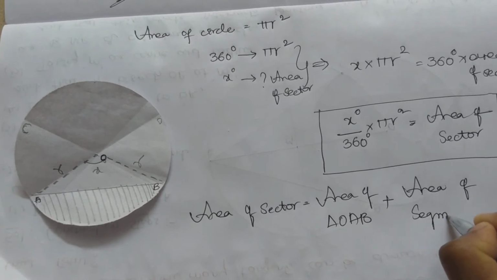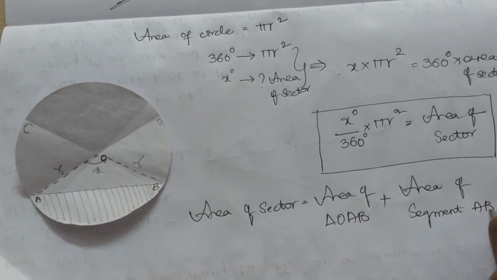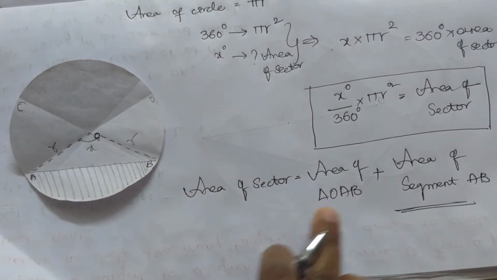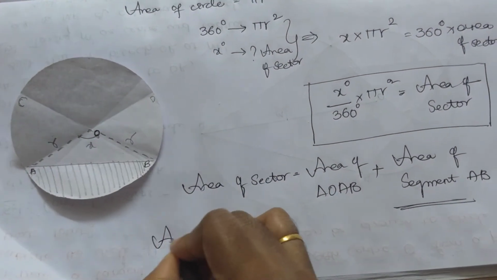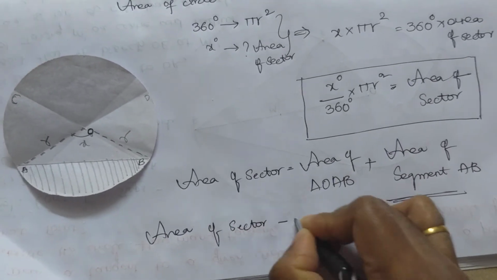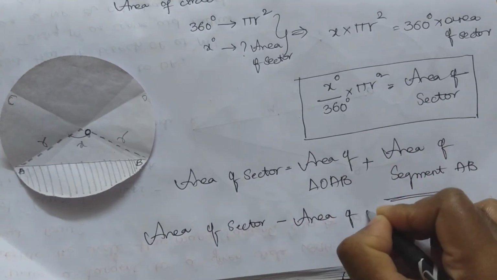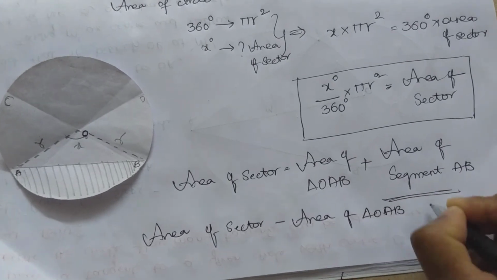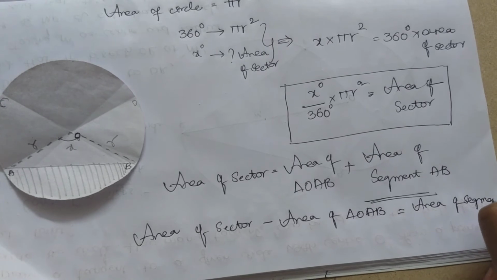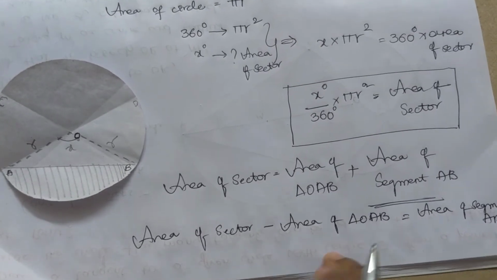But we need only this area of segment, right? So next step, what comes? I'll send this to the left hand side so that it becomes area of sector minus area of triangle OAB equals area of segment AB. Clear?